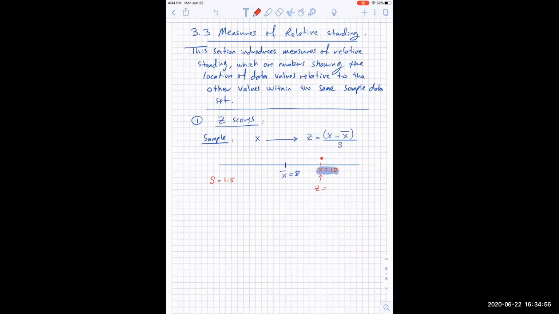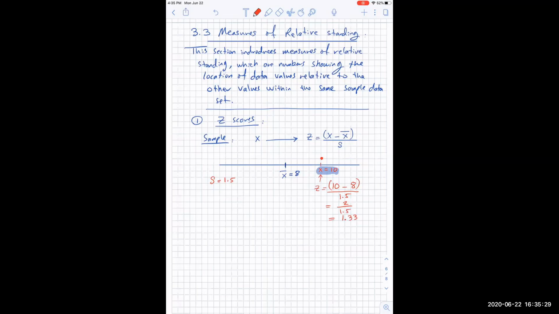So to find the z-score of this data value of 10, I take the value 10, I subtract the mean, and then I divide by the standard deviation. So 2 over 1.5. And that gives me the z-score. 2 divided by 1.5 would give me 1.33.